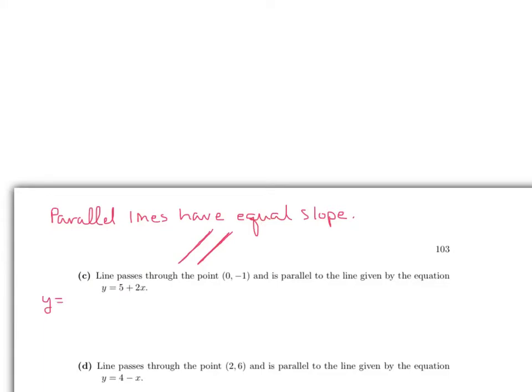We can rewrite it as y equals 2x plus 5. From here we can see that the slope of this line, m, is 2, and the y-intercept, in other words the vertical intercept, is 5. So the line we're looking for has to be parallel to this line, and that means the same slope as this line. So let's sketch a graph.